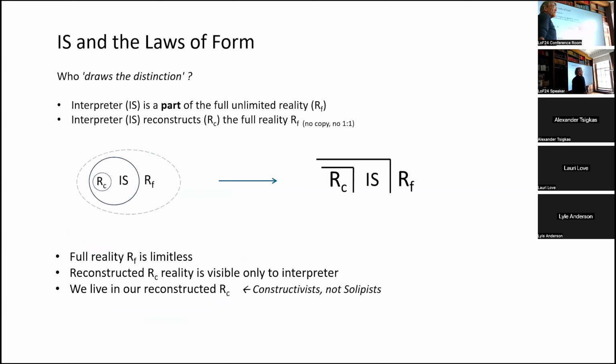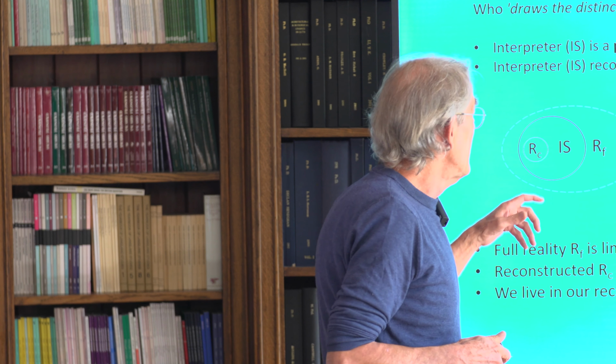Who draws the distinction? That's a question. And I think it is just the human mind that makes the interpretation, that draws the distinction. So we have EIS, it has nothing to do with the terrorist group. I coined this abbreviation before.